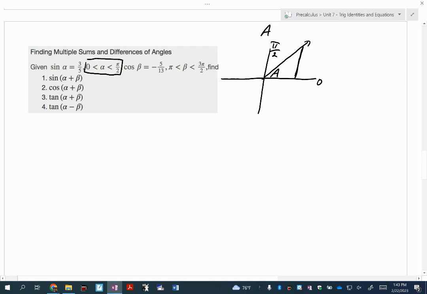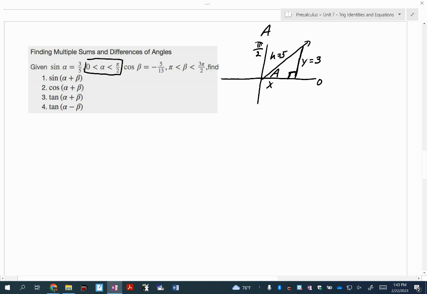And if I were to make a right triangle, it's telling me that the sine, which is the same as opposite over hypotenuse, so opposite, which is 3, over hypotenuse, which is 5.